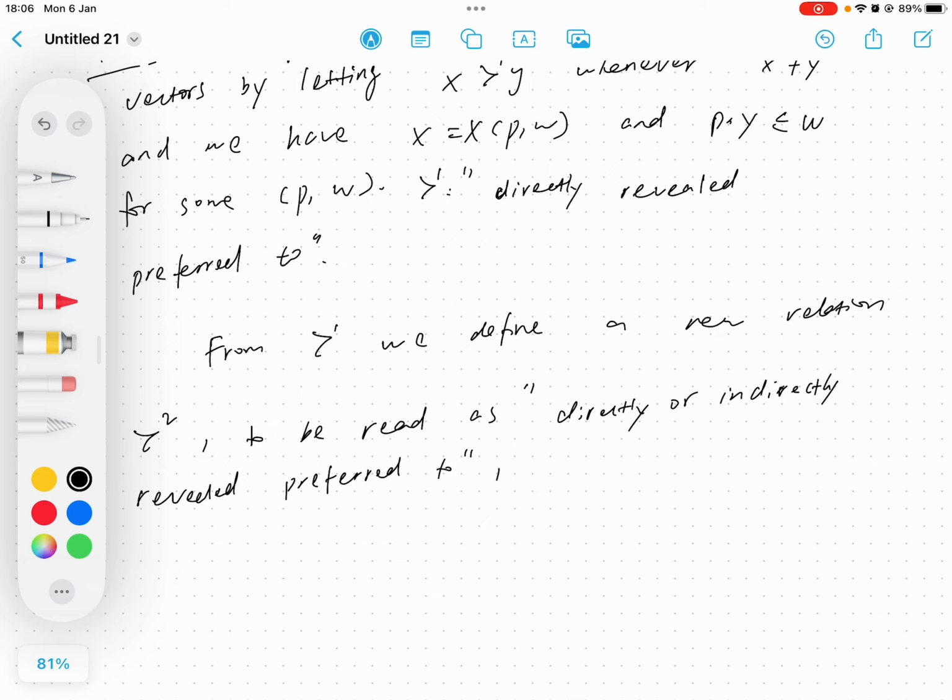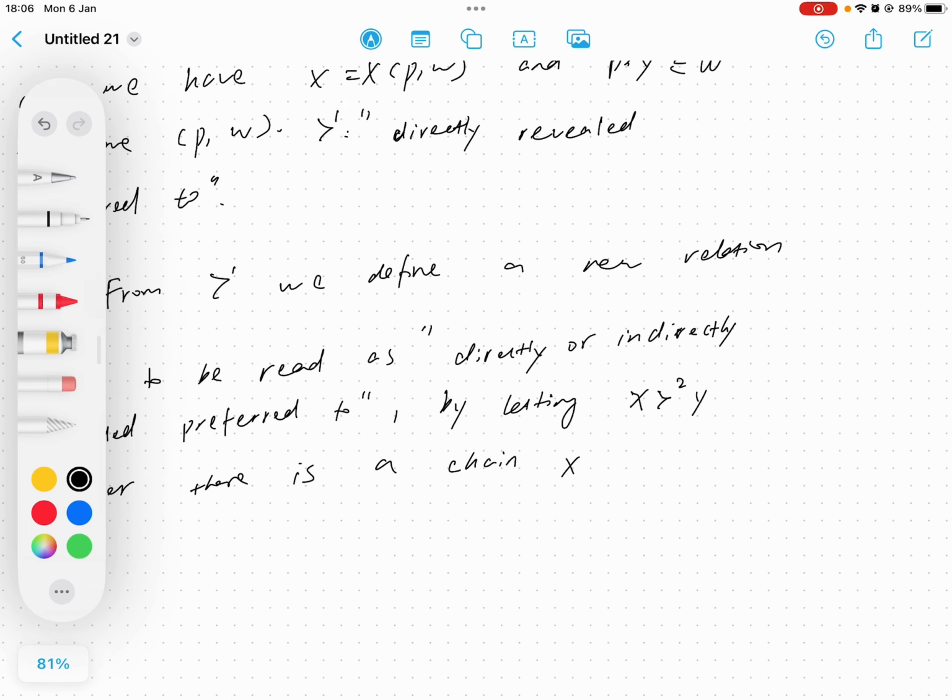Okay, so where we're at, if we're going to say that x is directly or indirectly revealed preferred to y, whenever there is a chain, as we did before in the SARP, where we have x1 better than x2, but here we use the first version of this binary relation, and so on and so forth.